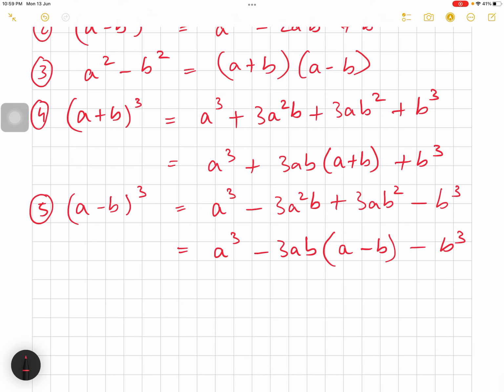And the last formula is, no, there are two more. A cube minus b cube.